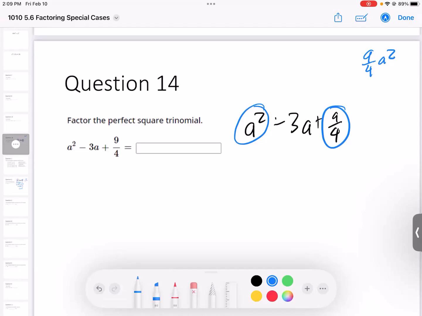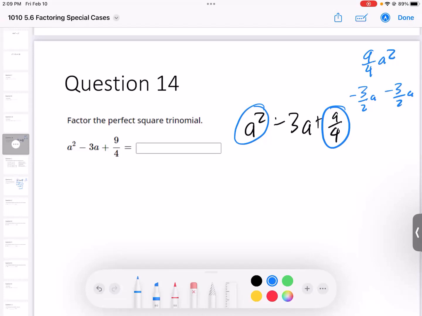If I think about what two things that are the same multiply to this, well, I could just take the square root of that, because the square root tells you what two things would multiply together to equal that if they're the same. And so in this case, it would be 3/2 a and 3/2 a. Well, actually, I think it'd have to be negative because we want it to add to -3. So they'd both be negative, actually.